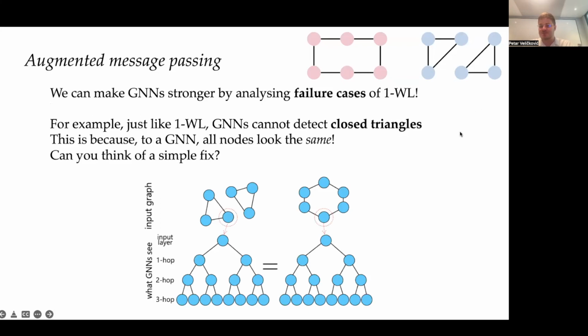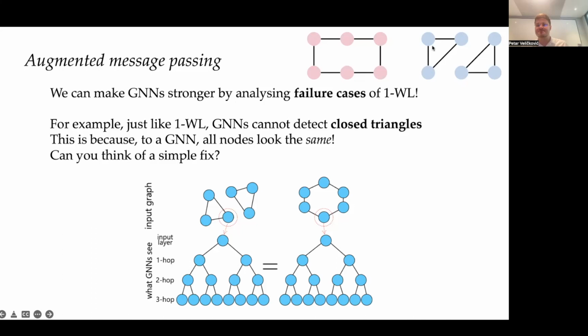So, for example, the reason why we cannot tell apart 2 triangles from a 6 cycle is because if you look at the receptive field of a graph neural network applied to these constant feature graphs, you can see that every node in these 2 graphs has exactly the same receptive field. All the nodes locally look exactly the same, okay? So do you have some idea of a very simple thing we could do to the input in this graph to fix this problem?